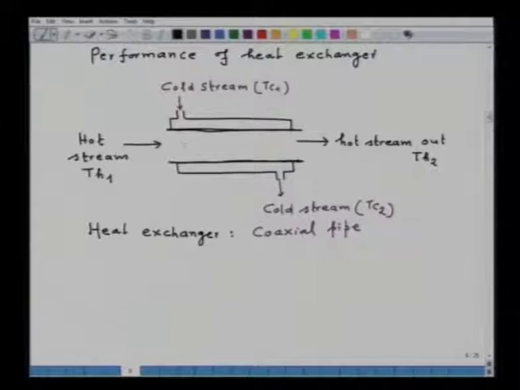So, the hot stream will transfer its heat by convection to the wall, then there is thermal resistance because of the thickness of the wall, then again heat will be transferred from the wall to the cold fluid. So, these are the heat transfer mechanisms. Now, in order to evaluate, we have to make certain assumptions.